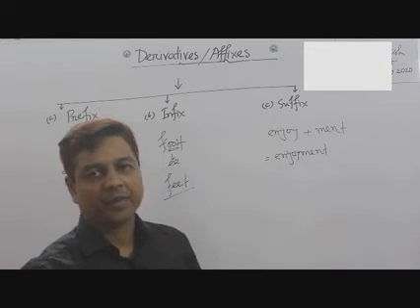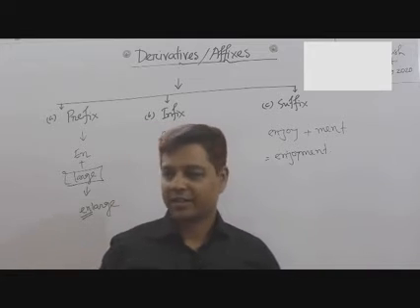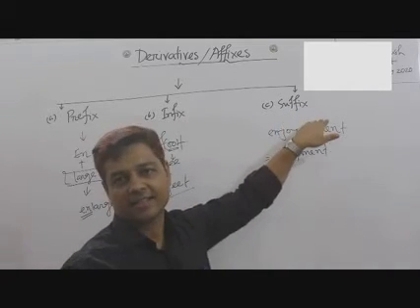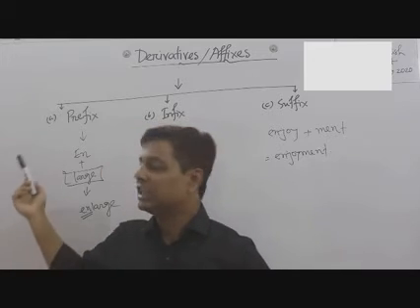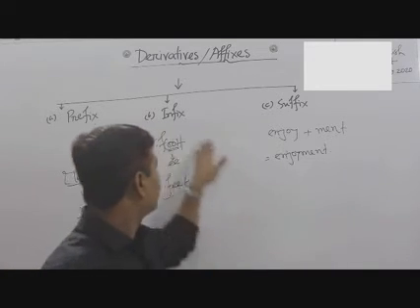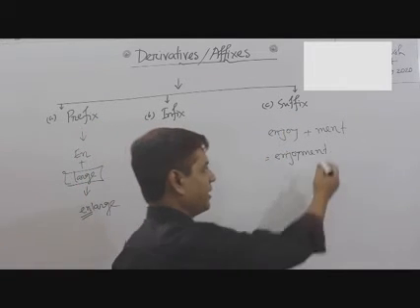In this way, we see that affix or derivatives are of three types: prefix, infix and suffix. Prefixes are used at the earlier part of the word to form a new word, infixes in the middle part, and suffixes at the latter part or ending part.